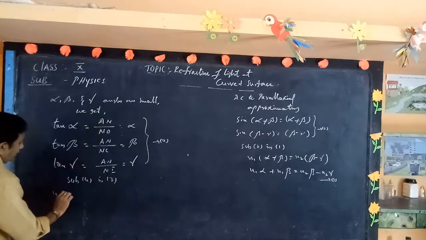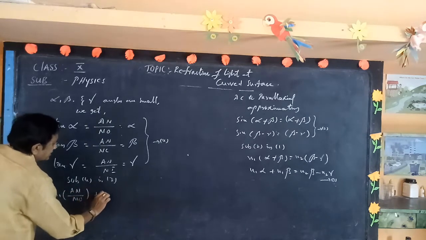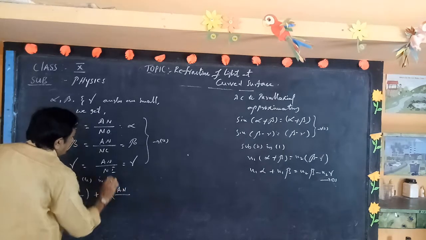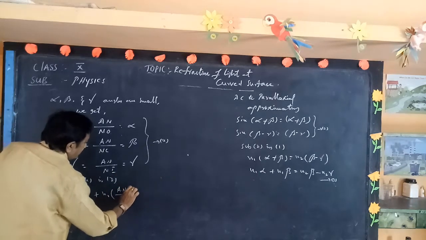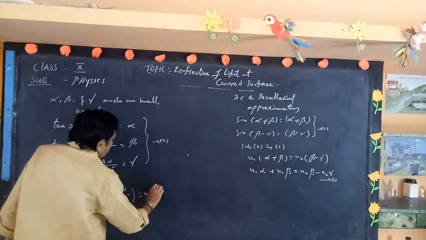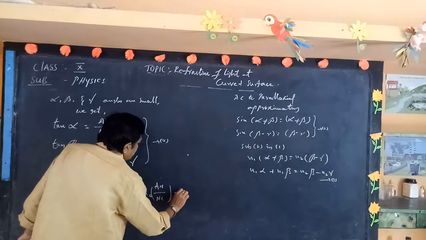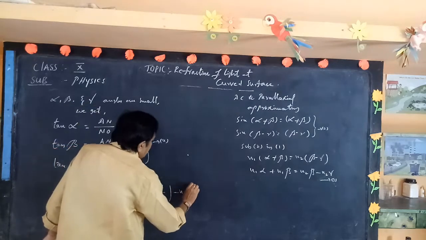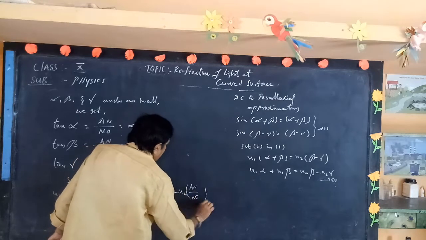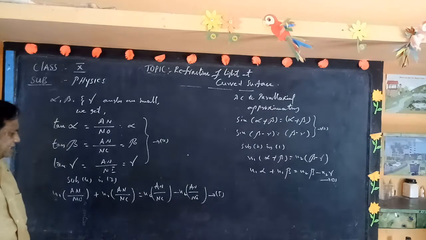N1 alpha, where alpha means AN by NO, plus N1 beta, where beta means AN by NC, is equal to N2 beta, which again means AN by NC, minus N2 gamma, which means AN by NI. Let it be equation number 5.